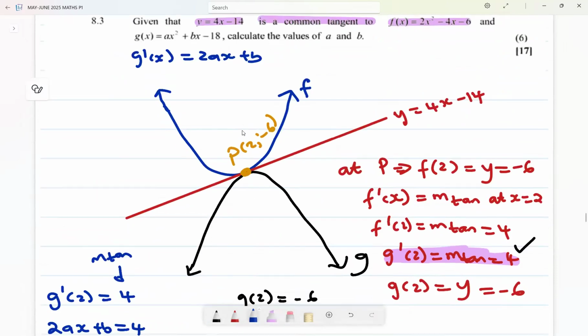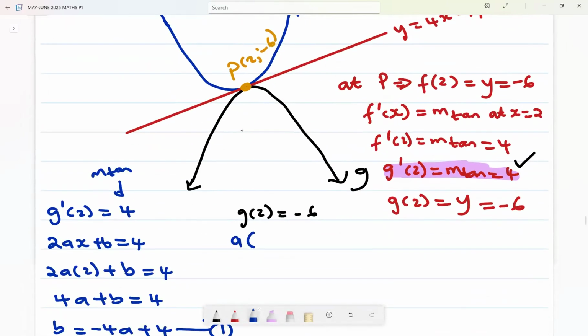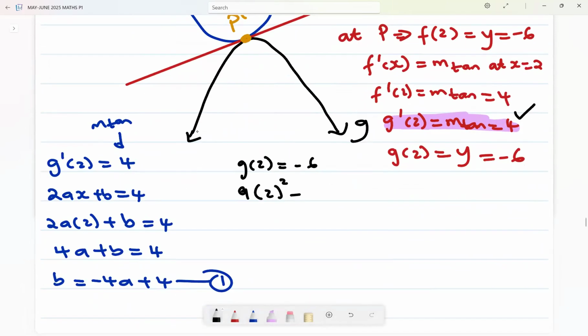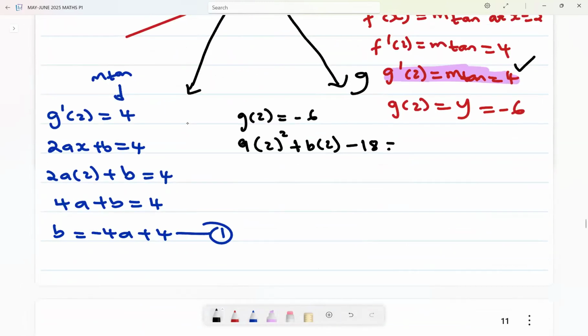So it's going to be a 2 squared, x is 2, I square that, plus b 2, then minus 18 again, equal to negative 6. So here I have just 4a plus 2b is equal to negative 16 plus 18 is just 2.